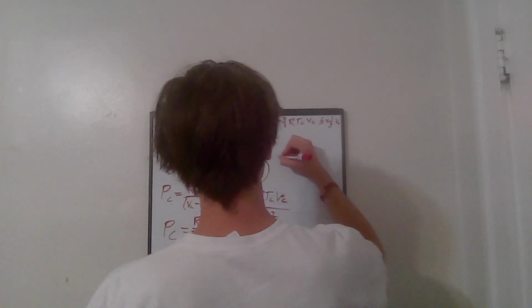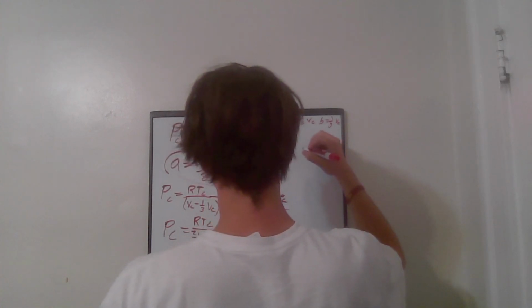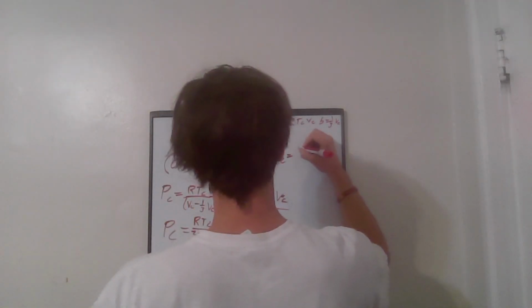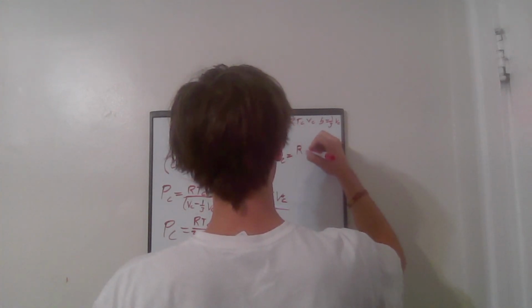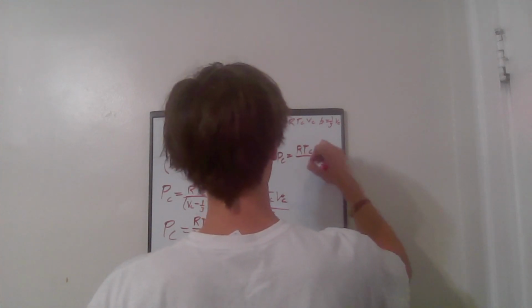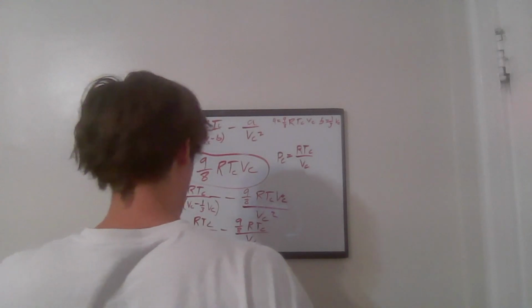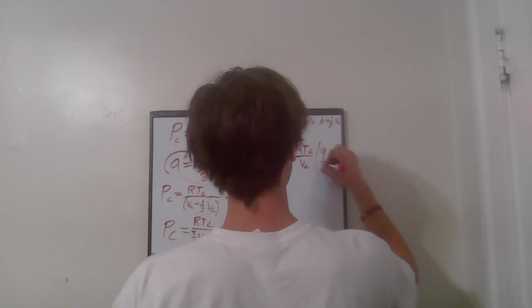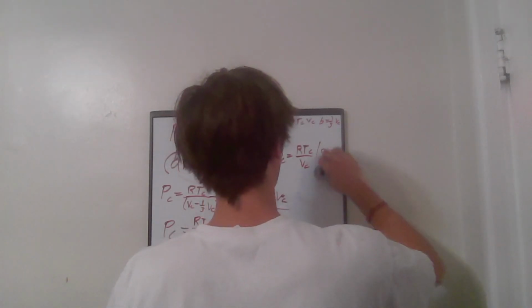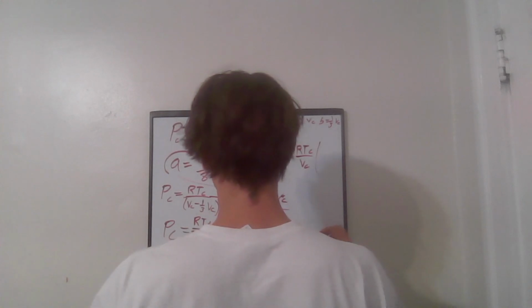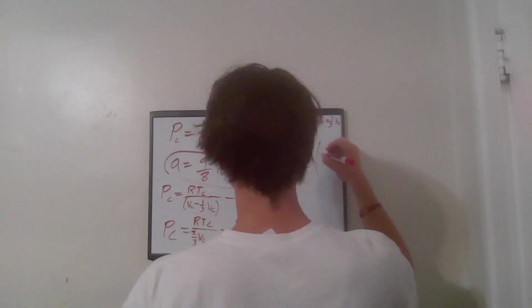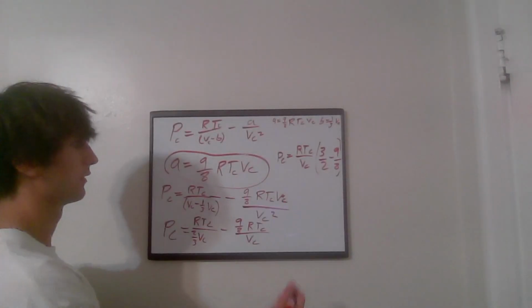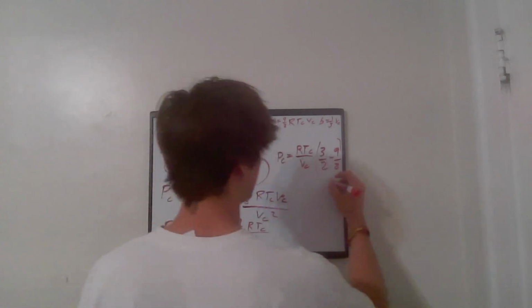We can say that our PC is equal to our R critical temperature over our critical volume, and then we have, I believe, 9/8, or 3/2, because you flip the reciprocal, so 3/2, minus 9/8. So we have this, and this is going to turn into 3/8.